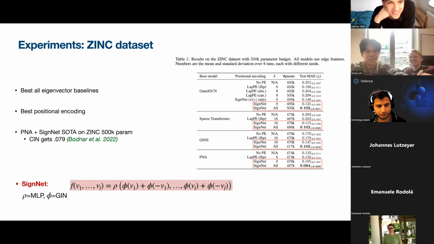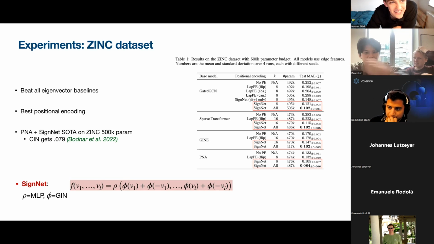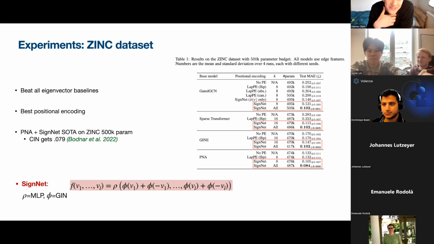Is that something that works super well? Yeah, preliminary experiments show that using a SignNet to compute things like max cuts and so on works really well, but that's not ready yet. That's very preliminary right now. Okay, so we'll wait a little bit more for the next arXiv update.